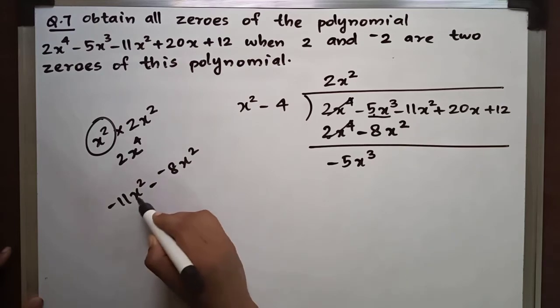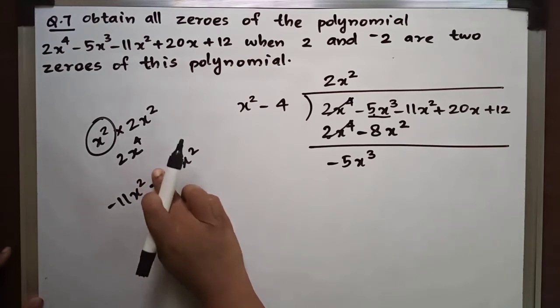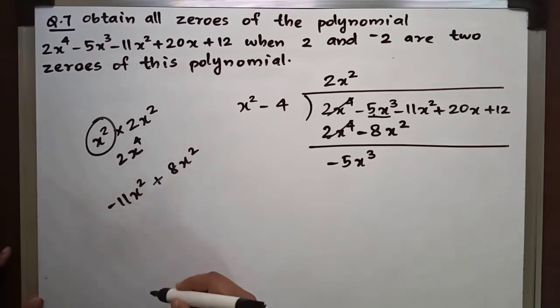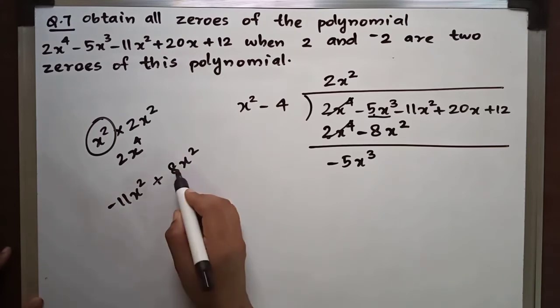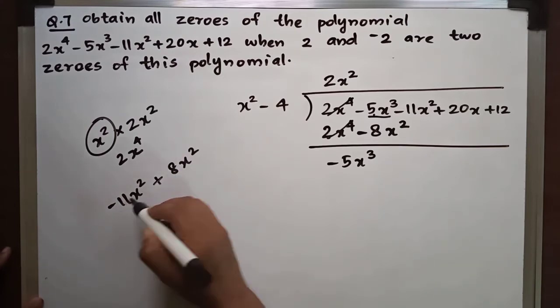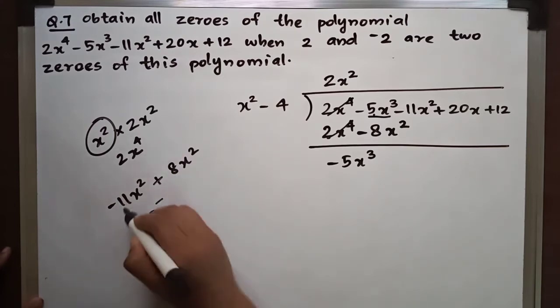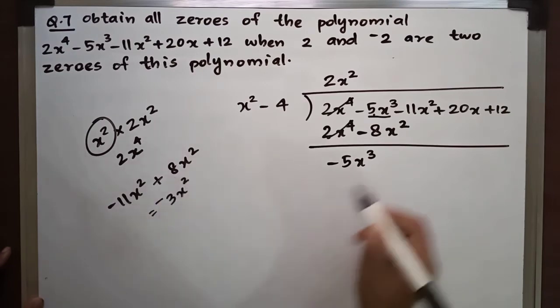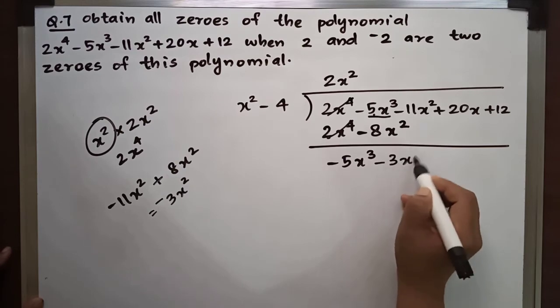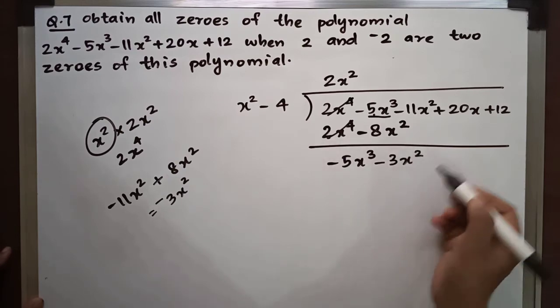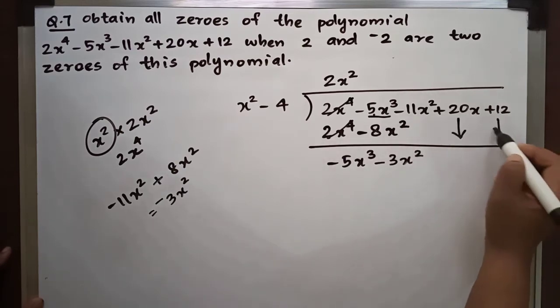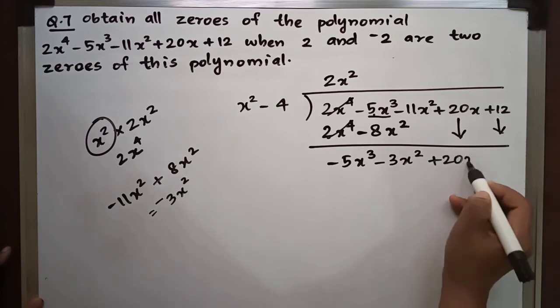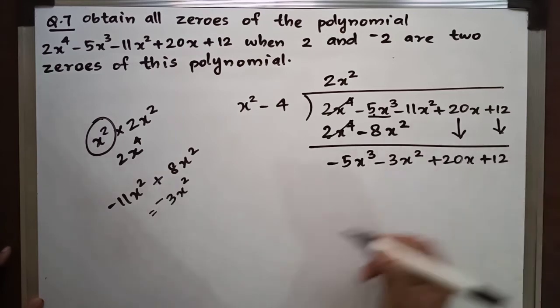Now, adding up a negative number and a positive number, the bigger one is negative, so the answer is negative. 11 minus 8 is 3, so this is minus 3x square. Now the rest of the terms, plus 20x plus 12.